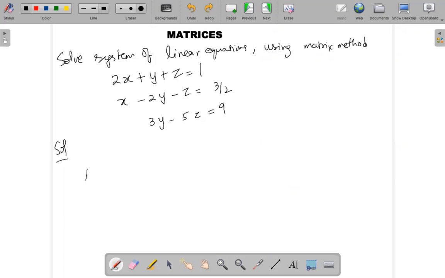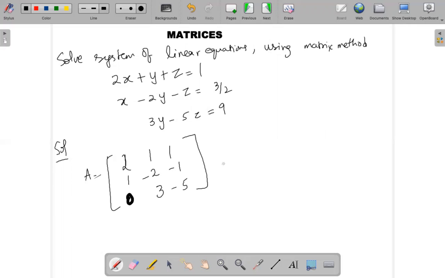A will be a 3 by 3 matrix: 2, 1, 1; 1, minus 2, minus 1; and 0, 3, minus 5.